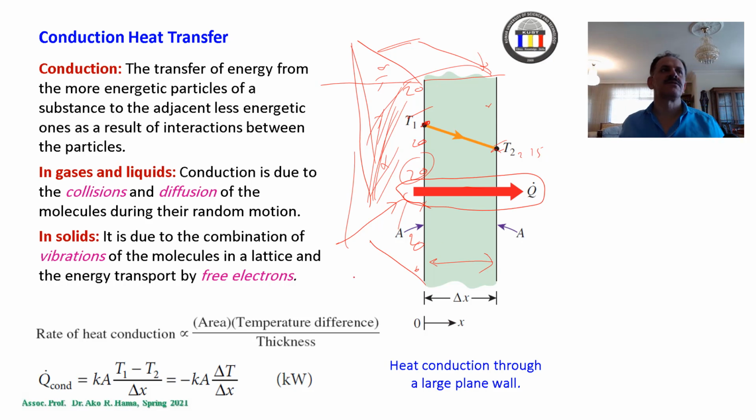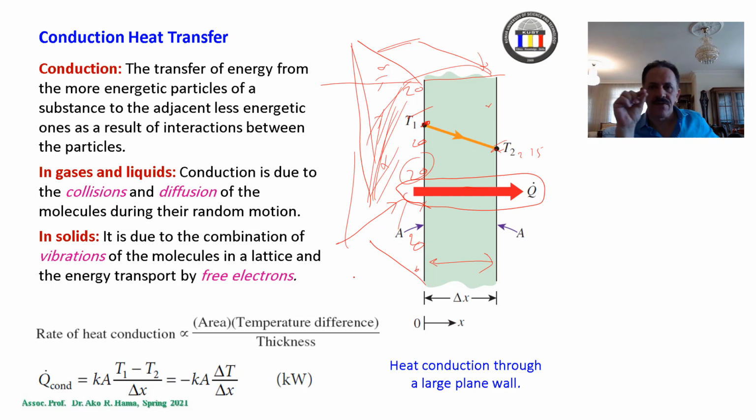So if you want, for example, to boil 1 liter of water, and you put that 1 liter of water in a pot with a very thick bottom plate, the transfer of heat from the flame through the pot to the water will need a lot of time.